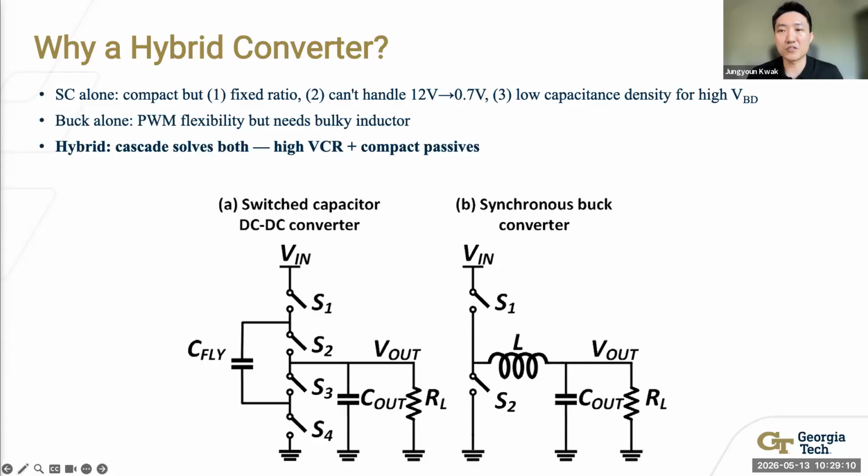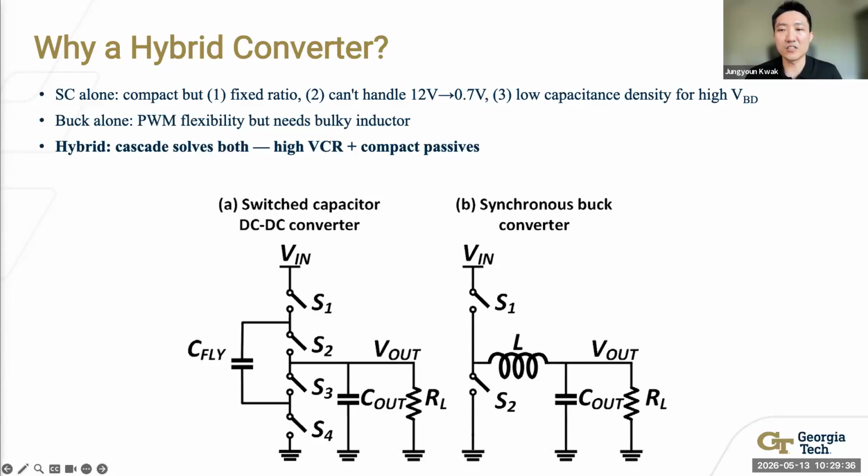The high side switch connects the input to the inductor for a fraction of each cycle, called the duty cycle. The low side switch connects the inductor to ground for the rest of the cycle. The inductor averages the switch voltage, giving an output of duty cycle times Vin. By adjusting the duty cycle, the output can be set to any voltage.